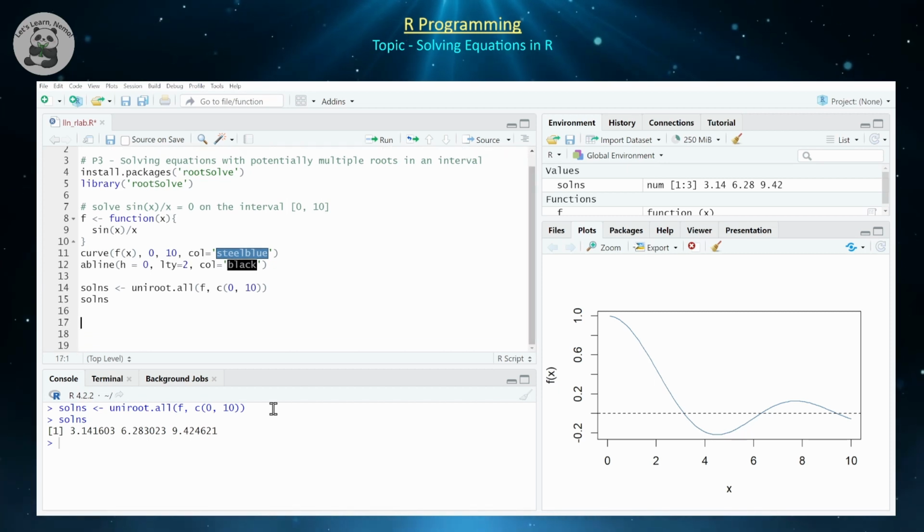Once we have that, now we just want to plot these things on our graph, and hopefully those intersection points appear, at least graphically. They should look somewhere accurate, so we can decide whether we should trust it or not. So I'm going to plot a bunch of points on top of this graph. And keep in mind, solns is a vector, not a number. So solns, that's the x values we want to plot.